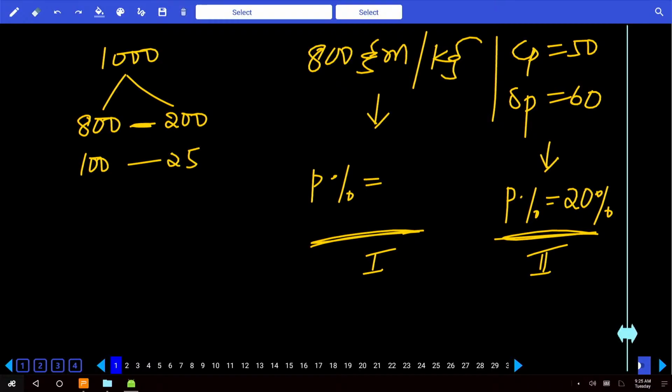So by giving 800 grams instead of a kg, what is your profit percentage? 25%. If you give 800 grams instead of a kg, that is equal to 25% profit in terms of weight.